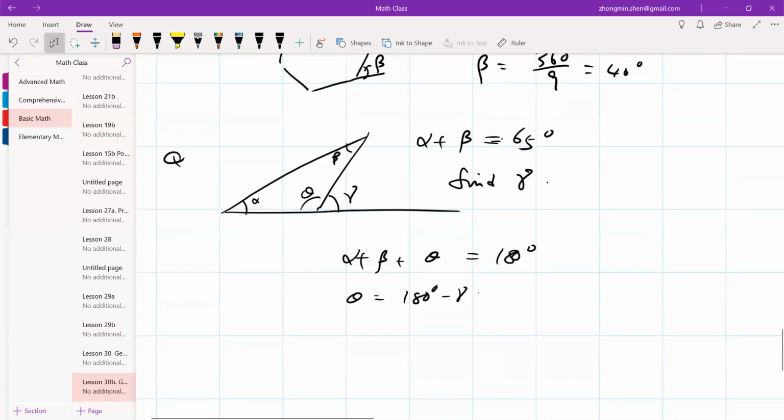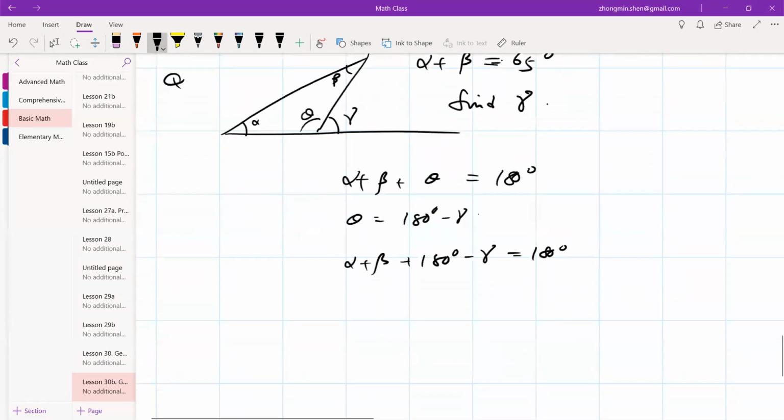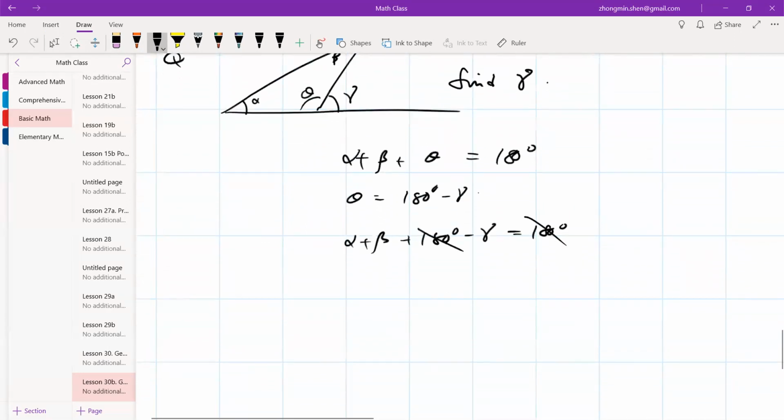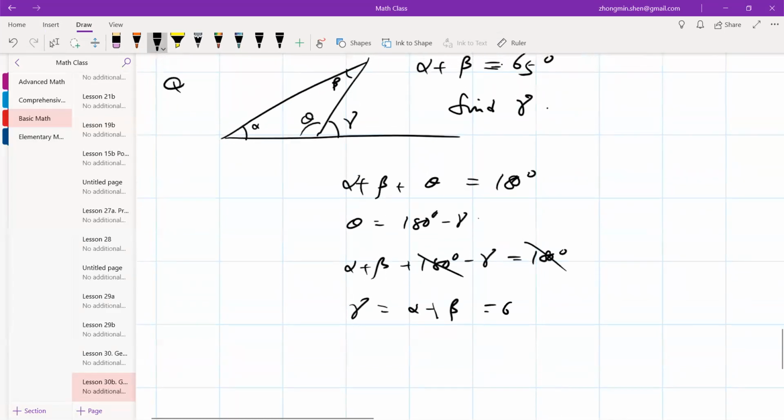So you put it here: alpha plus beta plus 180 degrees minus gamma equals 180 degrees. So the 180 degrees cancels out, and gamma is always equal to alpha plus beta. So when alpha plus beta is 65 degrees, you can determine the gamma.